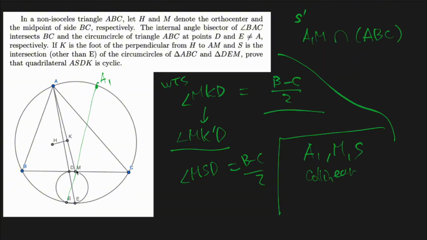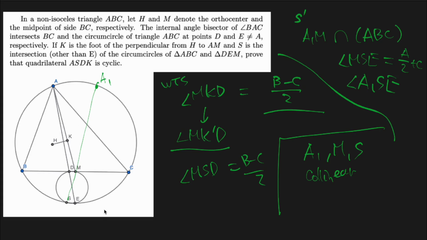And that also just means we want to show that angle MSE is equal to angle MDE, which if we do a bit of angle chasing, it's this angle, which should be A over 2 plus C. So we want to show that this angle is A over 2 plus C. Okay, but we know that A1, M, S are collinear, so we can transfer this angle by the collinear points into the angle A1SE.